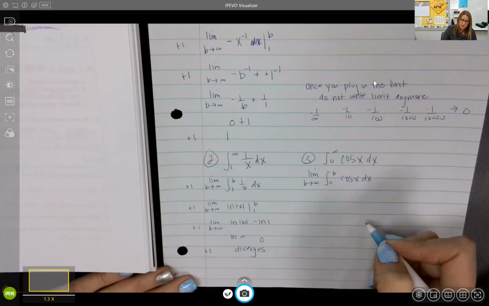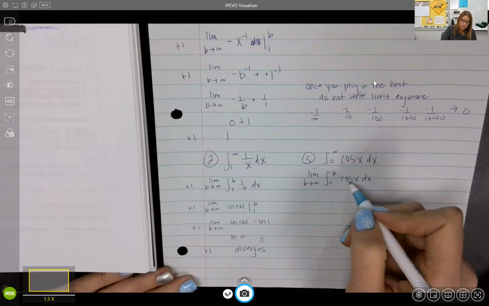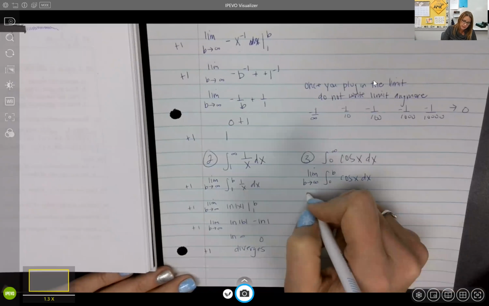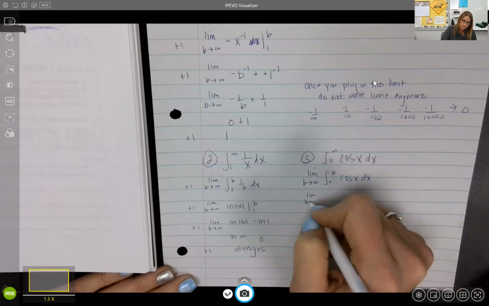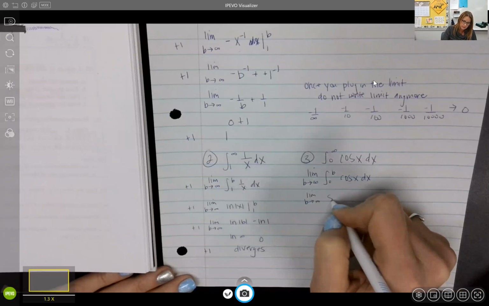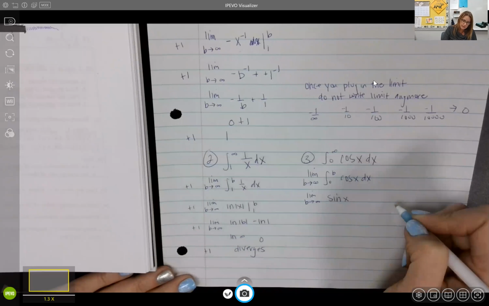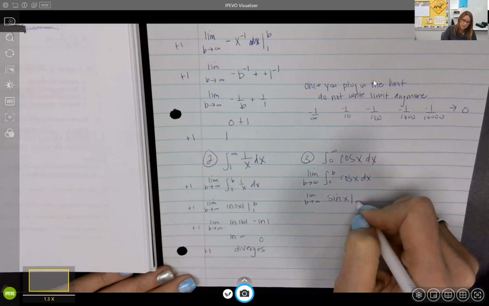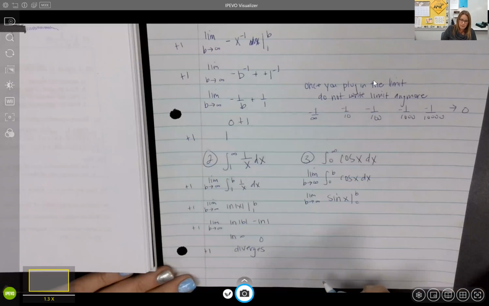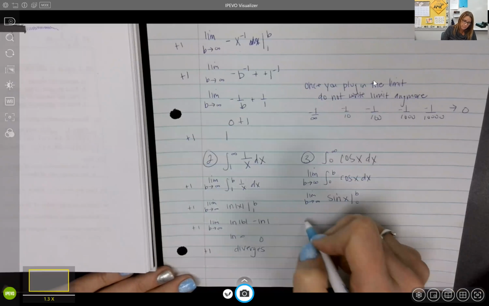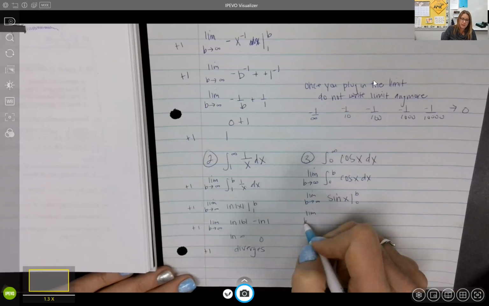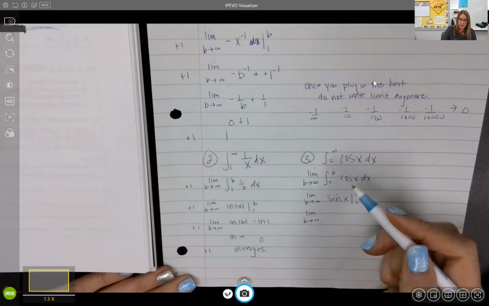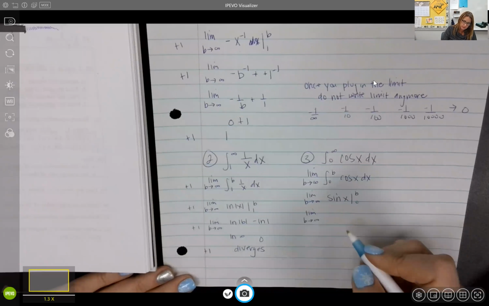Okay, so now the integral of cosine is the sine. Remember to write your limit. Sine of x evaluated from 0 to b. See what I mean? How it gets a little tedious. We have to keep writing this every single time.